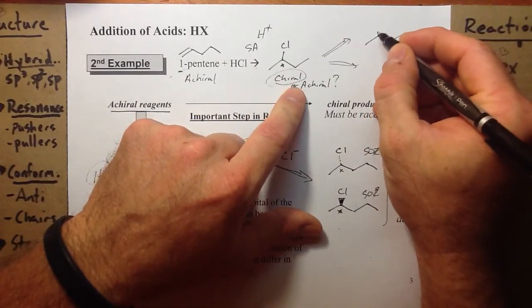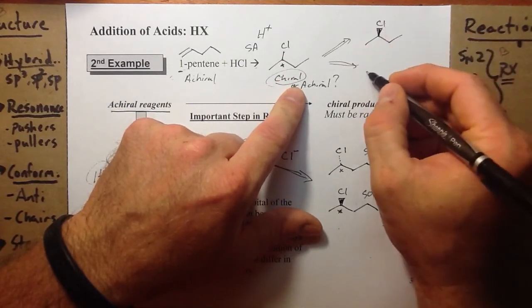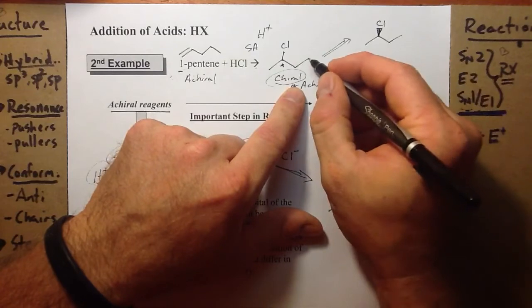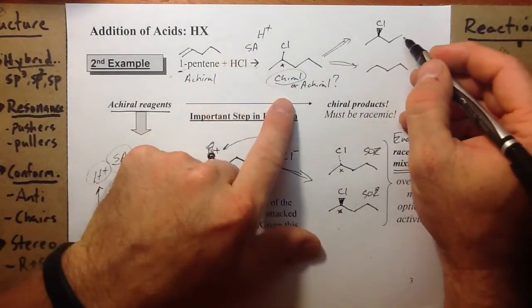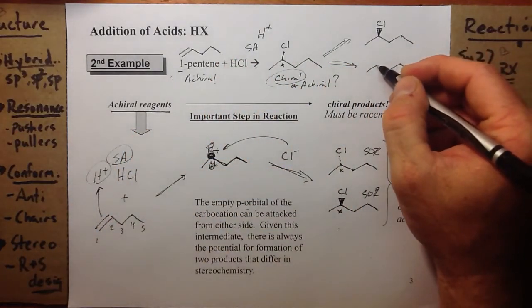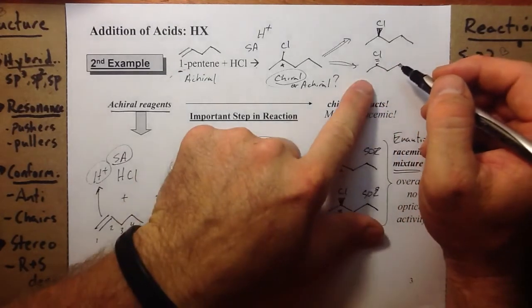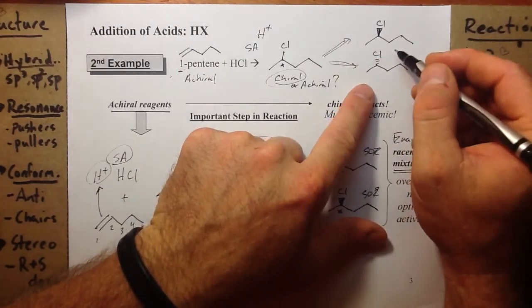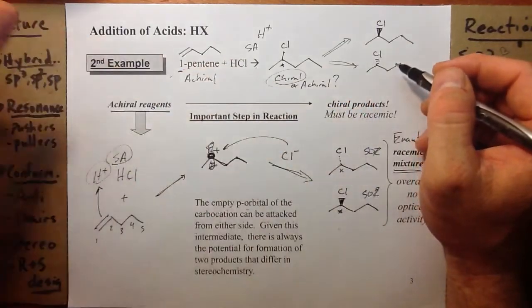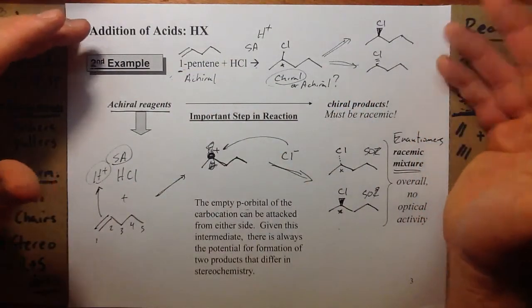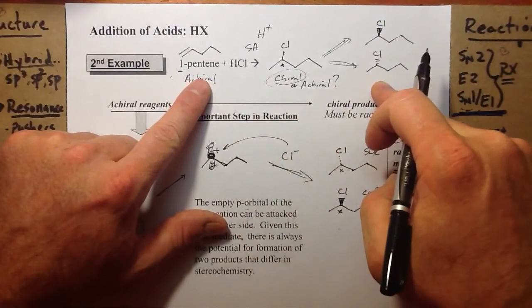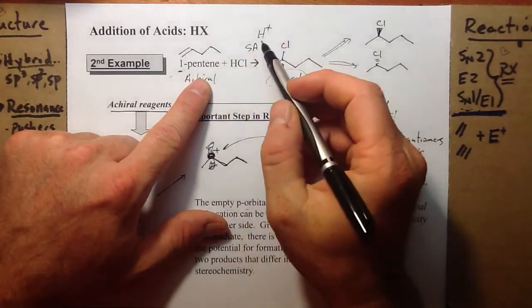I must have, sorry, I'm drawing it wrong. It should be 1-pentene. I keep wanting to draw butane. So we have to end with two that are in a 50-50 mix, these two enantiomers. Well, that's it. You can approach just going quickly to products using your notes about Markovnikov rule.